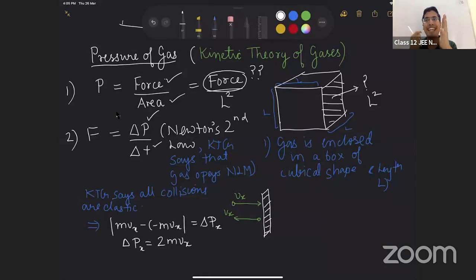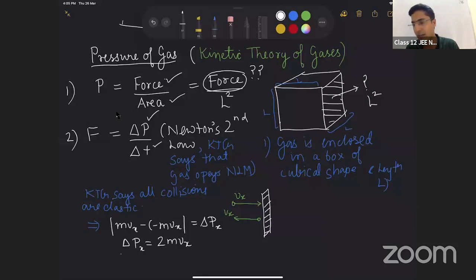Because it's an elastic collision, it rebounds with the same speed. So going momentum is mVx, coming momentum is minus mVx because the direction changes. So the change in momentum is mVx minus (minus mVx). So it is 2mVx. Click if you have understood it. There are a couple of people who have not understood it. Just think about the momentum. You will understand this well.